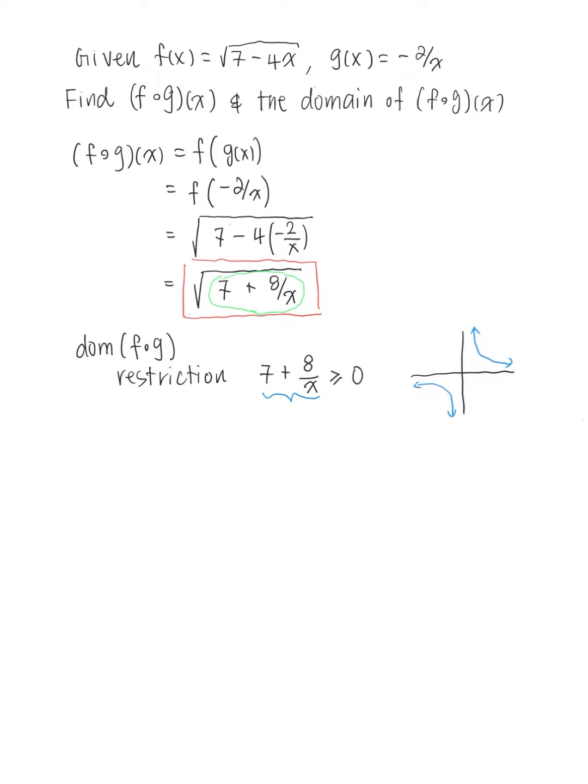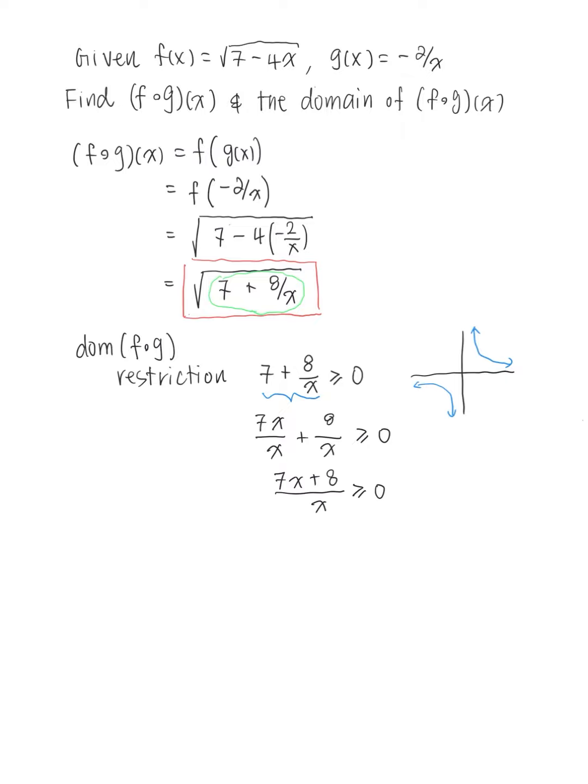So this is equivalent to x on the bottom, and this one's going to be 8 over x. So what we need is 7 times x up here, and this is going to be greater or equal to 0. Now combine that. So that means 7x plus 8 all over x has to be greater or equal to 0.